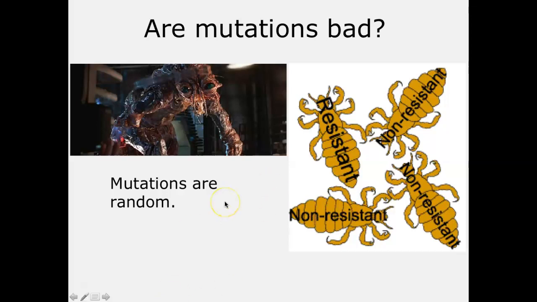So let me give you an example here. So these are some lice. These lice have been becoming more and more resistant to the shampoos that people use to kill lice on their hair.